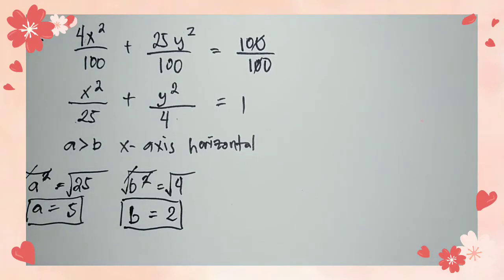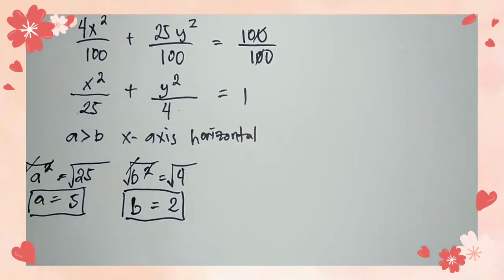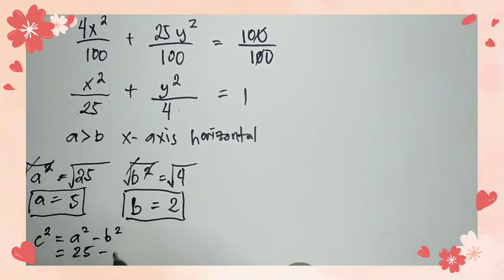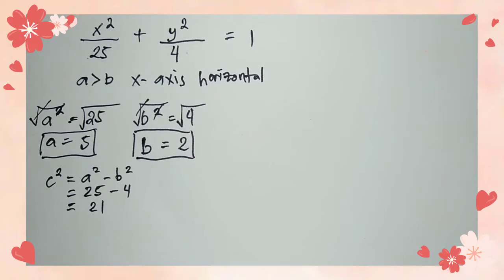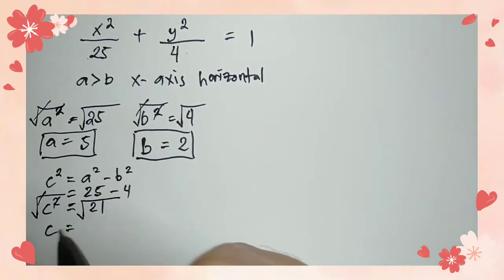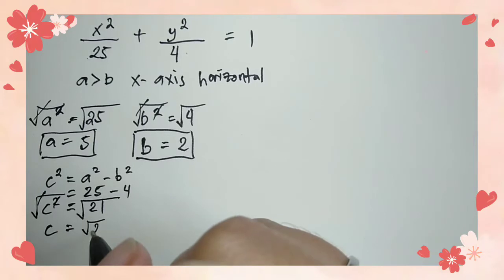Okay? Next thing to do is to find C. We have the formula for our C as C squared is equal to A squared minus B squared. And since ang ating A squared is 25 minus 4 is equal to 21. Okay? So, the next thing to do is we have to eliminate square again. So, square root, cancel, C is equal to square root of 21.